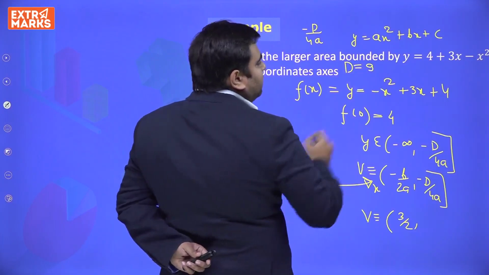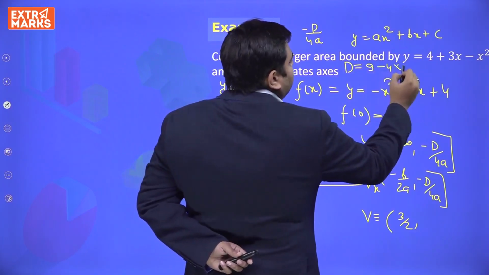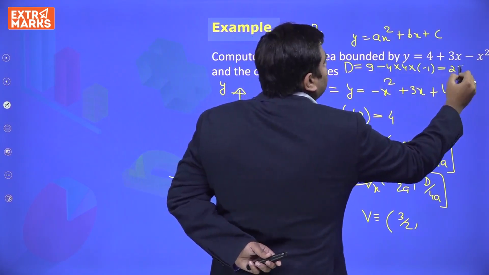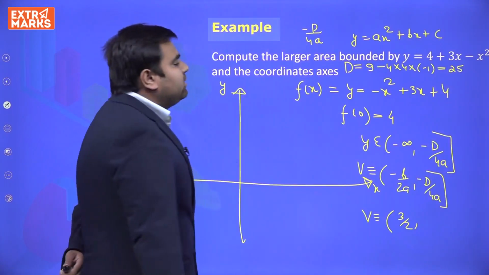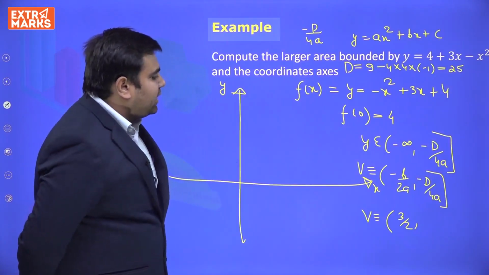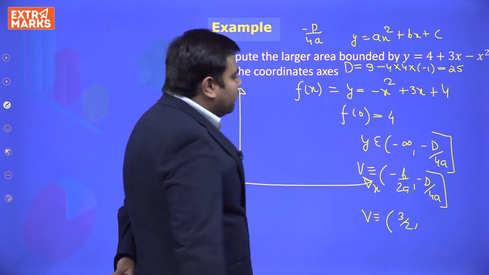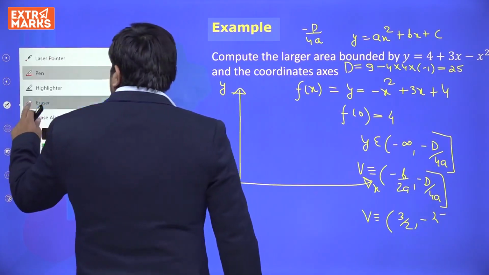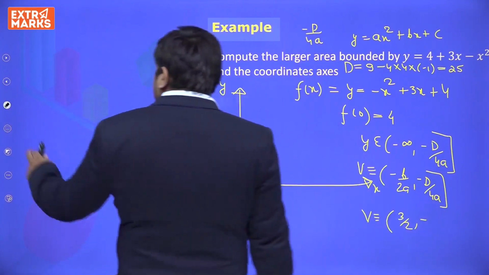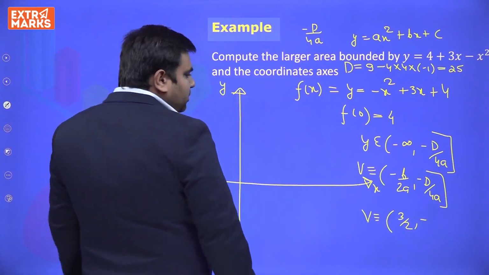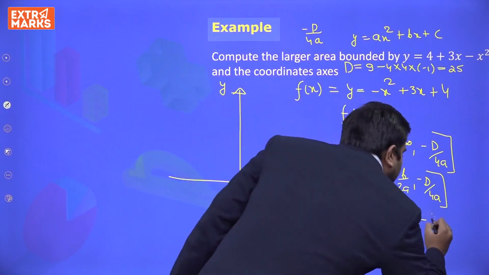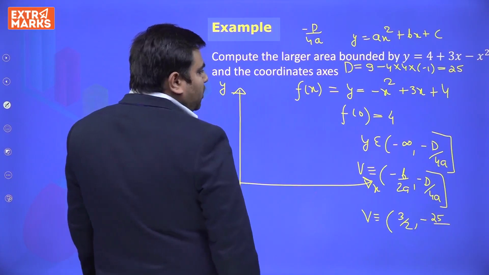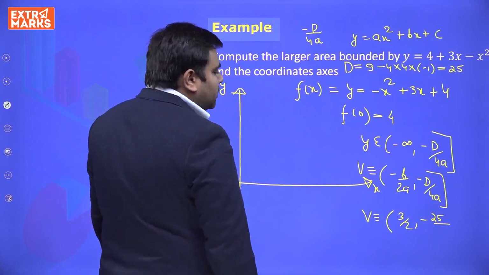So b square minus 4 into a into c, which is 9 plus 16, which comes out to be what? 25. So this is minus d by 4a. So this is minus 25 upon 4 into a, so 4 into minus 1. So this is minus 4.